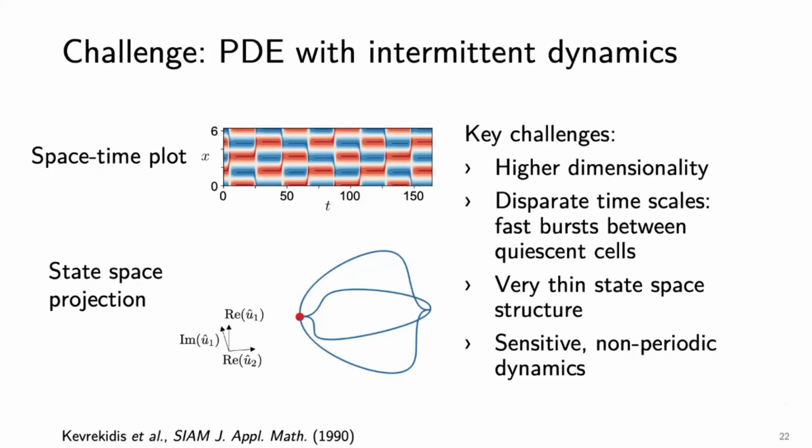That's shown by this state space projection, where you can see a very thin structure. And the dynamics are sensitive and non-periodic. I mentioned that the bouncing back and forth between these two saddle points happens along random choices of these homoclinic orbits. Okay, and so this is a very challenging example.